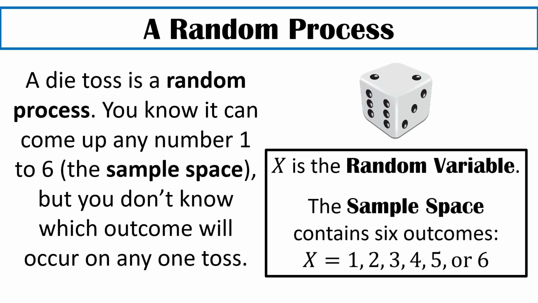In this case, the sample space contains 6 outcomes. X could be 1, 2, 3, 4, 5, or 6. So you get the idea. We're taking something that's very familiar to you, flipping a coin, tossing a die, and we're sort of formalizing it mathematically because we need the formalization to build the theory of probability.